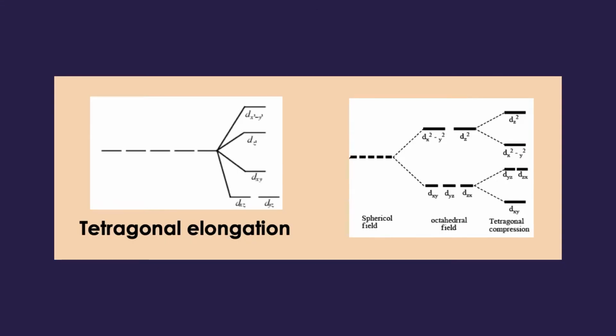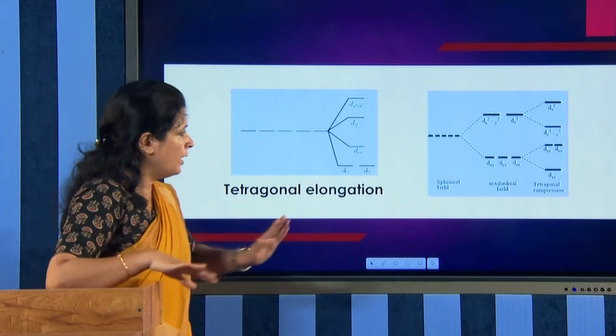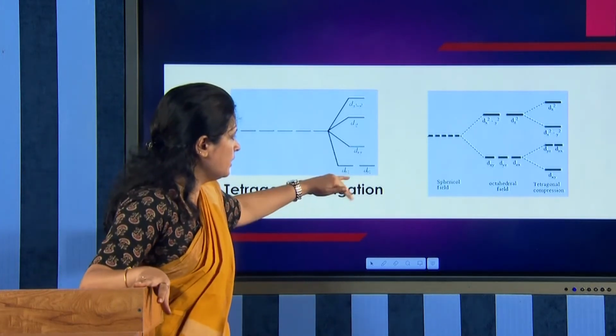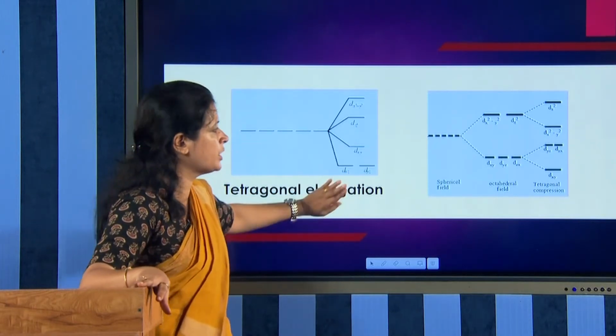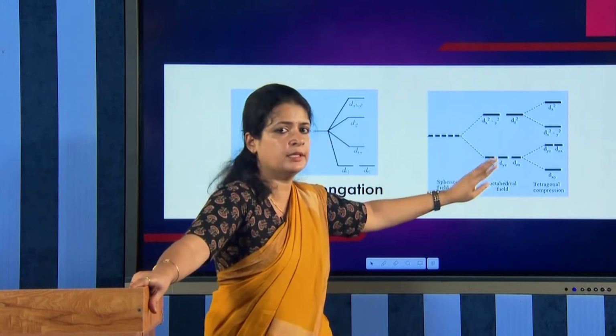And now coming to the other situation, that is tetragonal compression, meaning the ligands along the z-axis will be having a greater energy. The reverse is the case. See, dxz and dyz have lower energy in the case of tetragonal elongation. In the tetragonal compression, it is just the reverse.